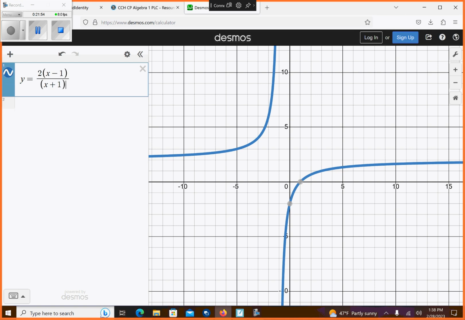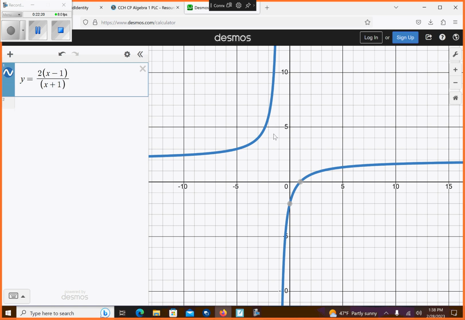All right. So that's what our graph basically looks like. If we are getting to -1, so think about this. As I am coming, following my arrow, starting here, I'm coming this way. This is jumping straight up to positive infinity.